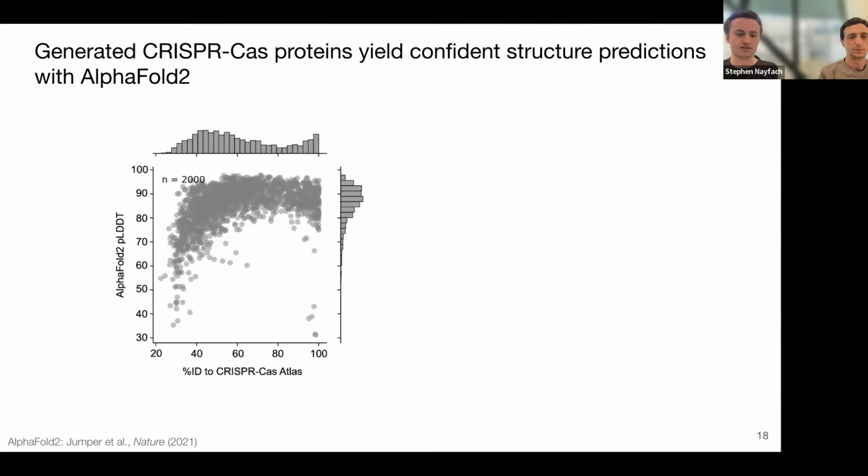So this is the measure of novelty of the sequence relative to the training data. And on the y-axis is AlphaFold's confidence, or the pLDDT, where higher means AlphaFold is more confident in the structure that's predicting. And you can see that for most sequences with greater than 40 to 50% identity to the CRISPR-Cas atlas, we get really confident predictions from AlphaFold. And only when we go below around 40% identity to the training data do we start to see the predictions degrade.